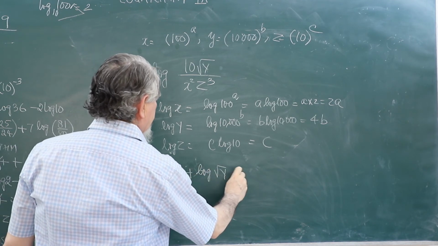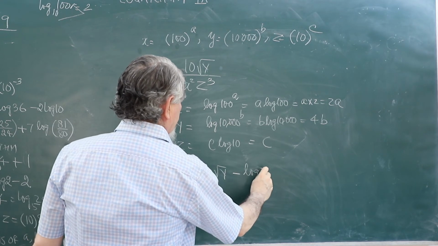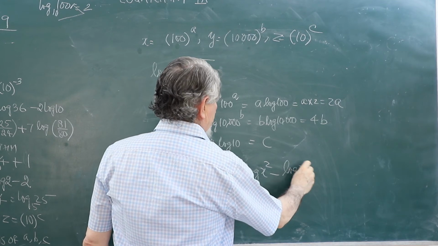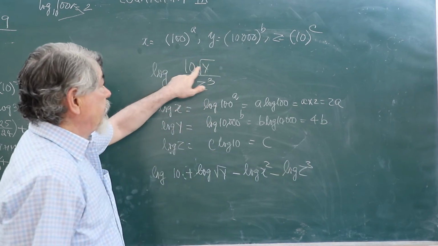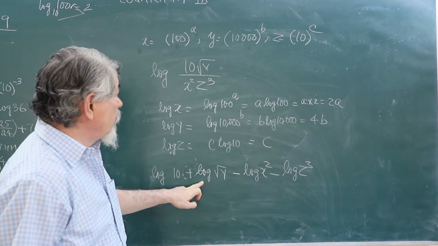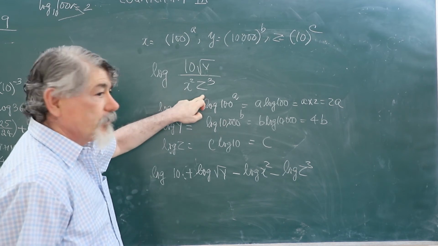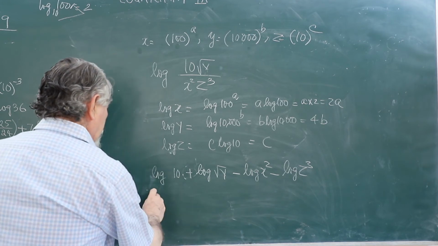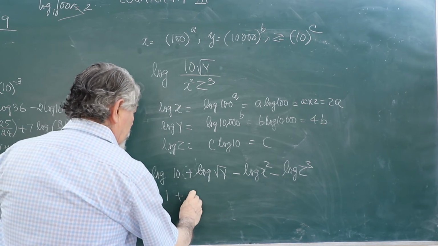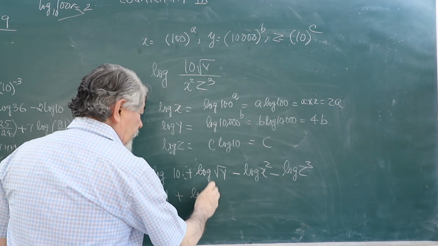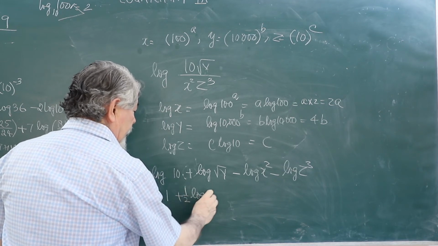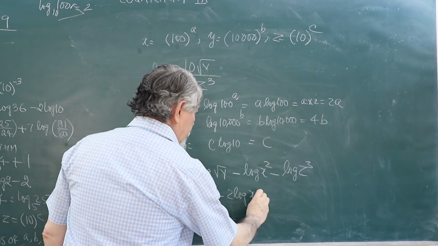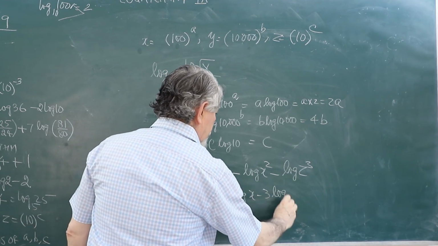So log 10 plus log root y, and this is in the denominator, so minus log x square minus log z cube. Log 10 is 1, log y to the power half is half log y, minus 2 log x minus 3 log z.